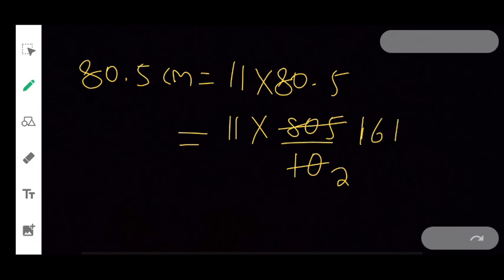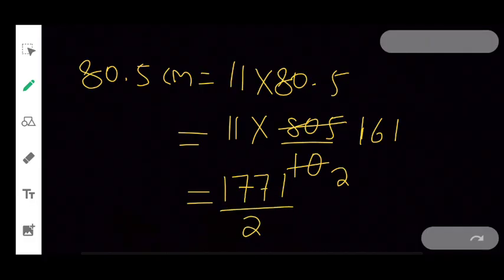So 11 into 161, this will be 1771 by 2. So 1771 by 2 equals to 2 8 are 16, then again 2 8 are 16, 2 5 are 10.5.